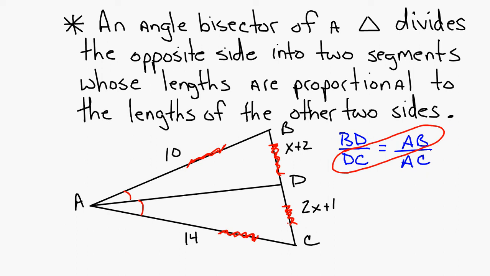No, A to C. Yeah, I'm looking at the wrong letters. So, you could be asked to solve for x and then find B to D. You could be asked to solve for x and find D to C. You could be asked to just find x, or you could be asked to find x and side BC. So all of those combinations of questions.